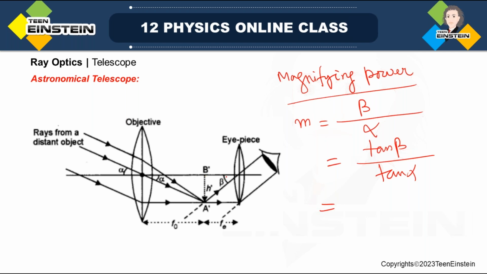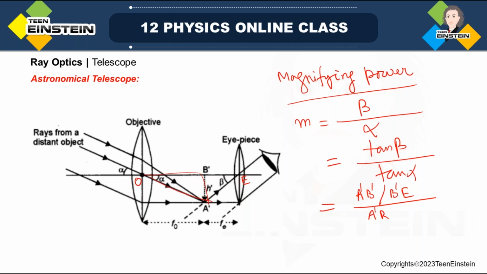If we take this particular triangle, then we can write it is A prime B prime by, let us say the optical center here is E, here it is O, this is B prime E, and in this case we will take this triangle.